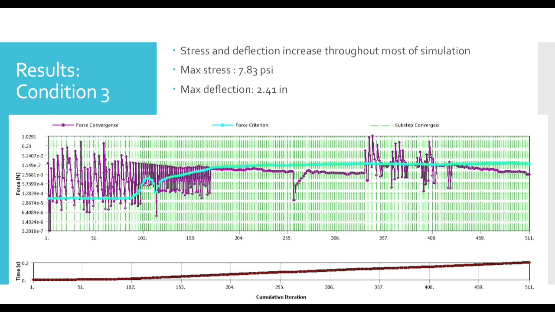Both of those occurred after the second contact with the ball, which skews the results a little bit. And looking at the force convergence plot, again, you can see when the ball separates from the bat, the graph levels out for an extended period, and then when it makes contact again, it once again gets a little more sporadic before leaving the bat again and once again going flat.